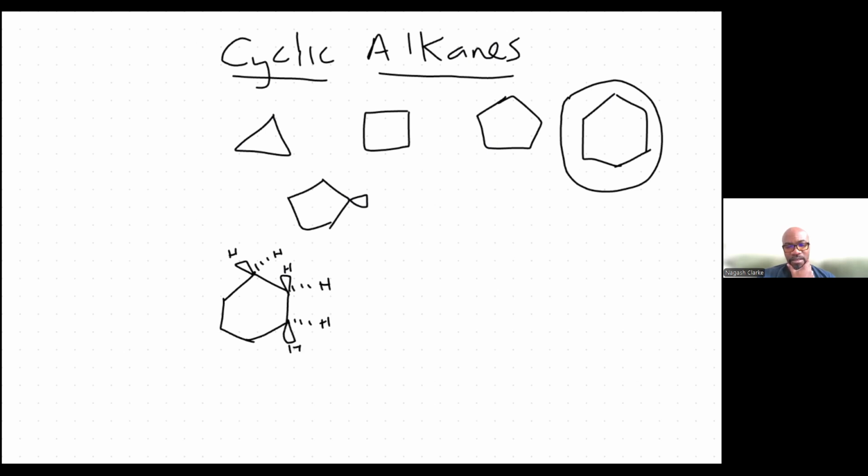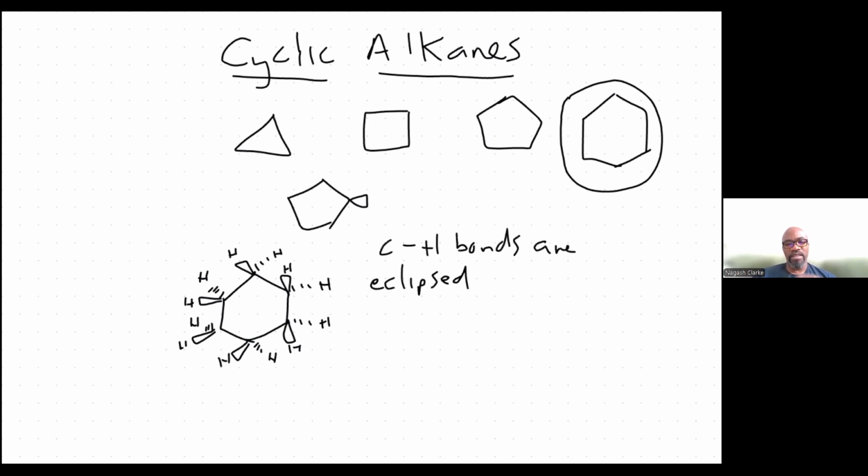It's kind of hard to see when you draw it on paper, but if you were to construct a model, you will see that all these CH bonds are eclipsed. That's in a planar form. So there's a form of cyclohexane that is very stable.